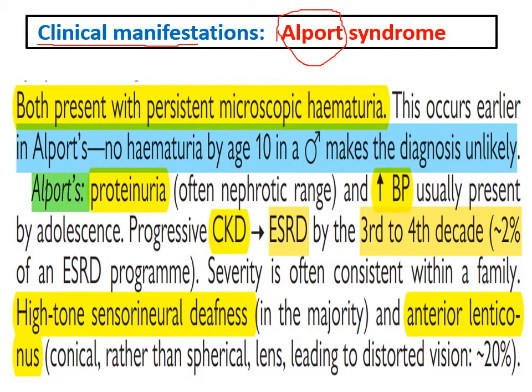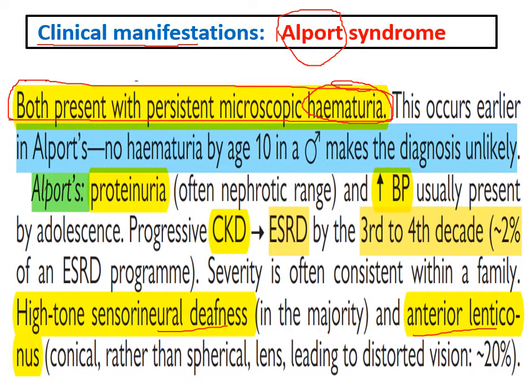As we said from the start, both Alport and thin basement membrane disease present with persistent microscopic hematuria, and it is the main clinical presentation. In Alport, there is involvement of the kidney, ear, and eye. The main kidney manifestation is hematuria.